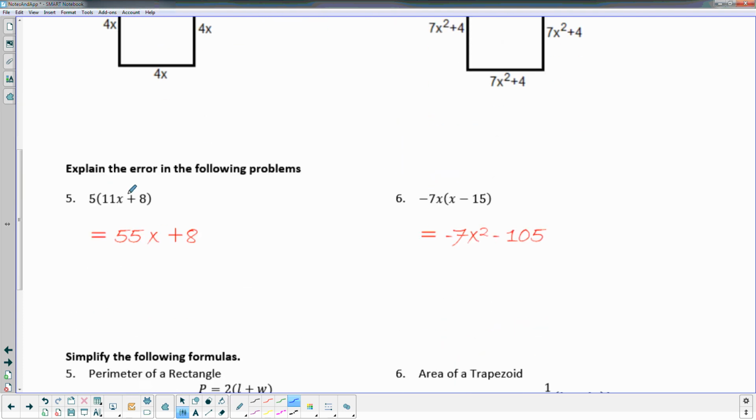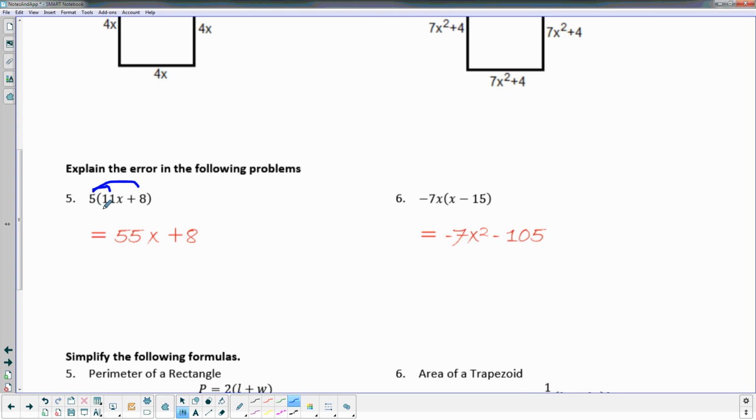Down below, there's not a whole lot that I'm going to do here except explain what I'm looking for. In at least these numbers 5 and 6, there's 5 and 6 down below too, a little numbering error. But in these two, it says explain the error in the following problems. So in these 2 problems, they were using distributive property, and something went wrong. I want you to write in words what the mistake was.